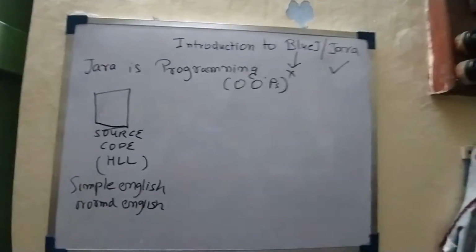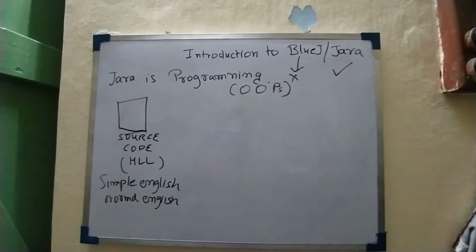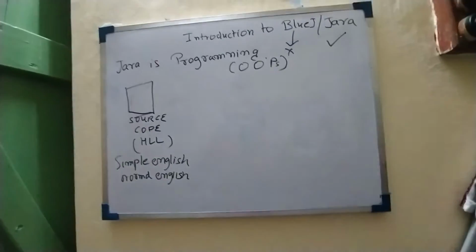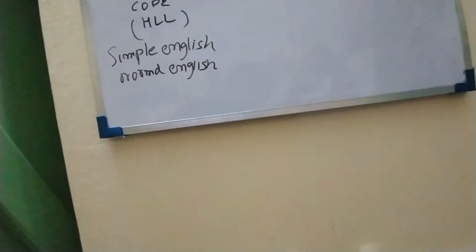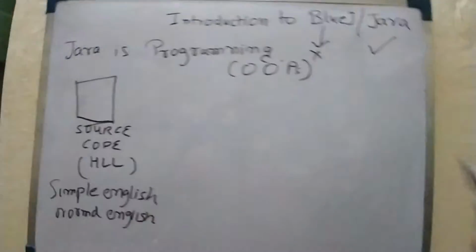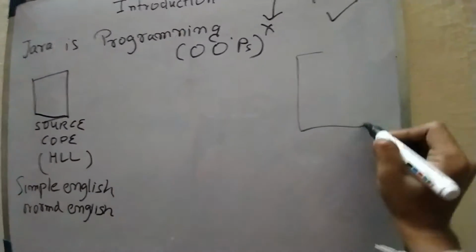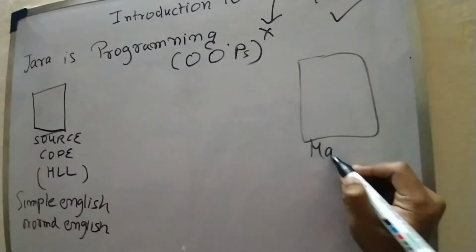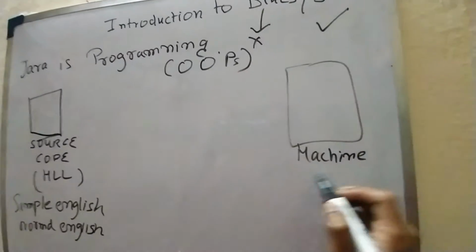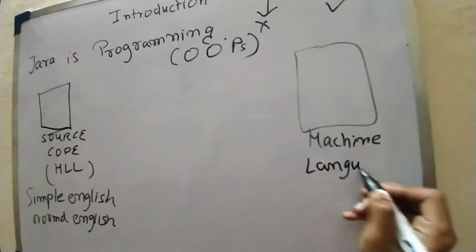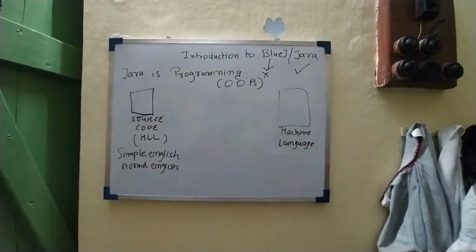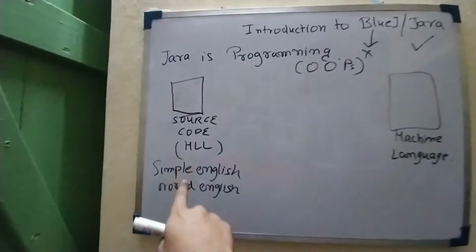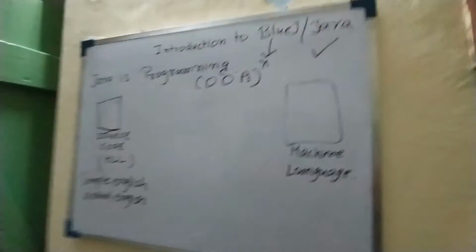Now, another thing to note is that a computer can only run machine language. So, you have a source code and you have a machine language.